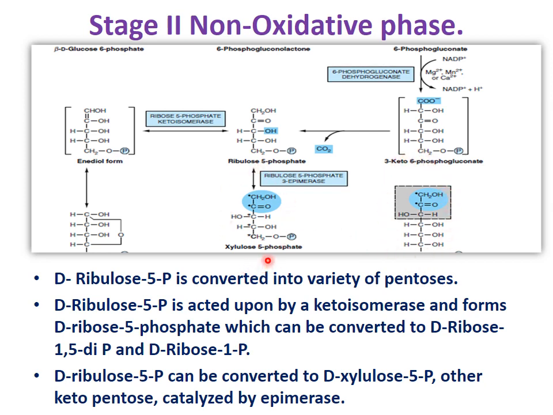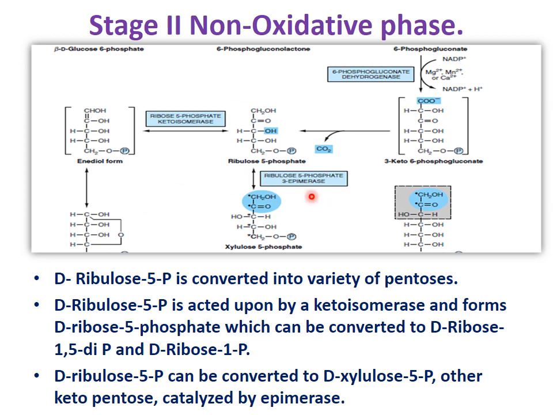See, ribulose 5-phosphate is converted to ribose 5-phosphate. So this is an isomeric form of ribulose. Ribose is an aldehyde and ribulose is a ketone. So here the enzyme is what?